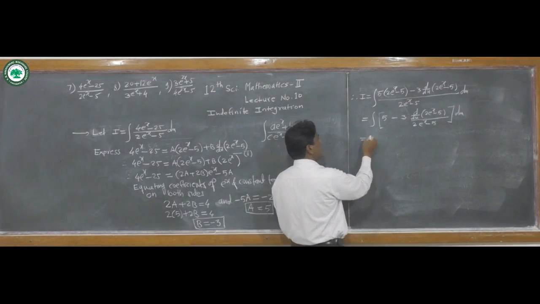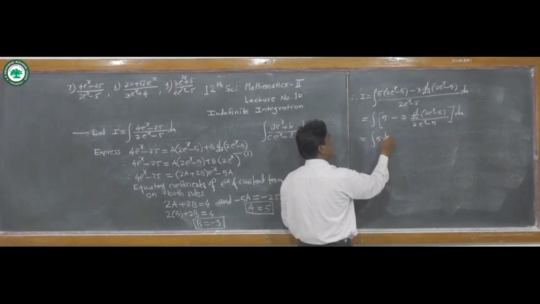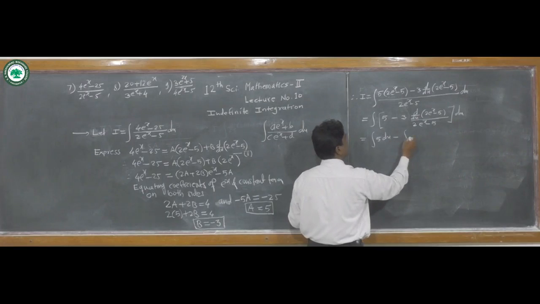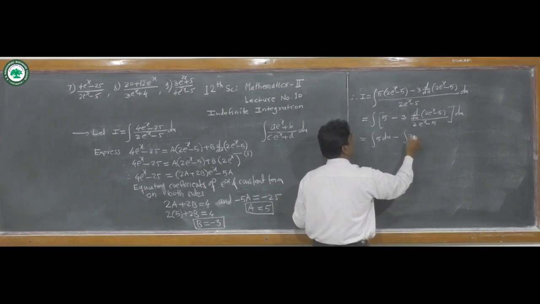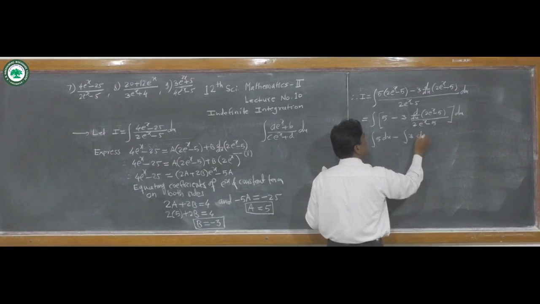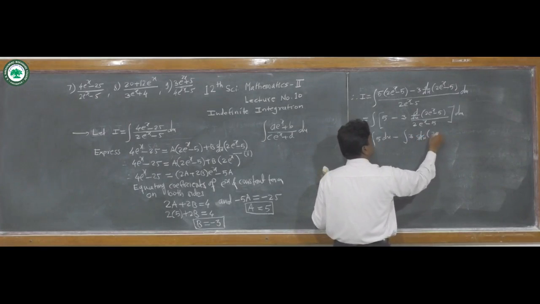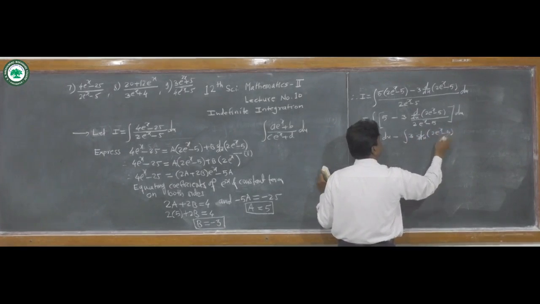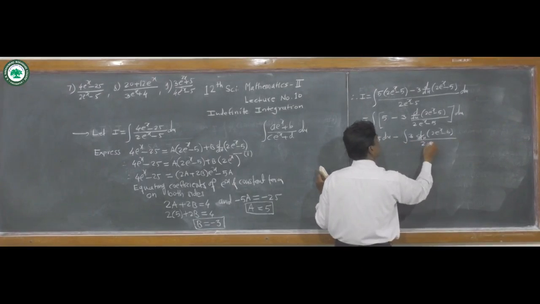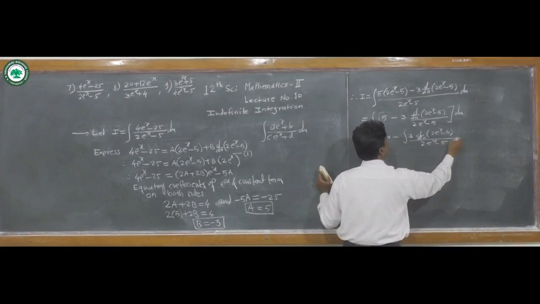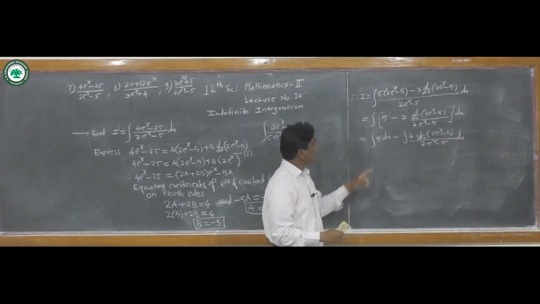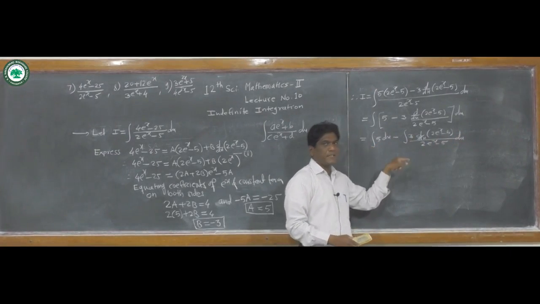So we get here integration of 5 dx minus integration of this 3 into d by dx of 2 to the power x minus 5 divided by 2 to the power x minus 5 dx. Now here take this constant 5 and 3 outside the integral.